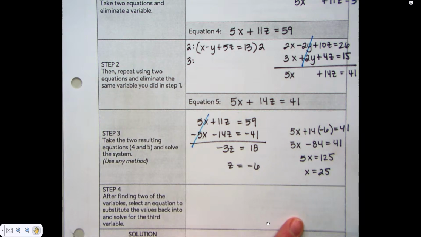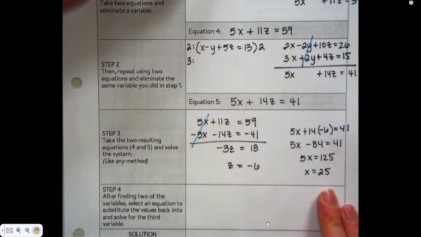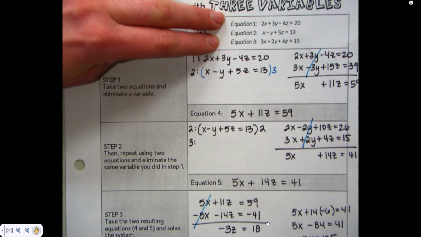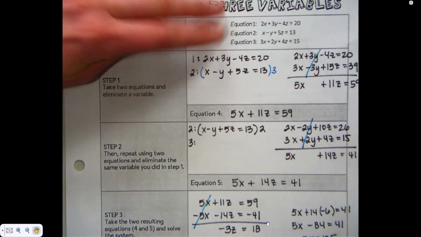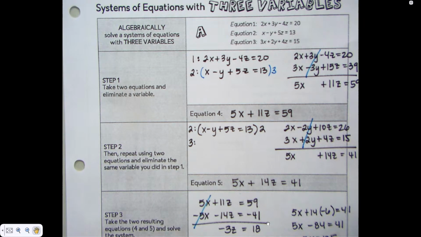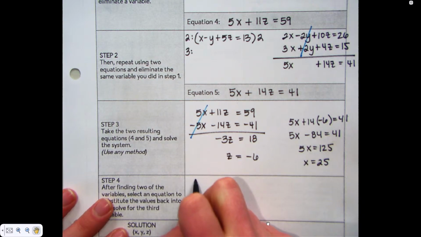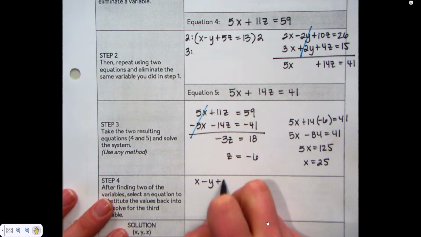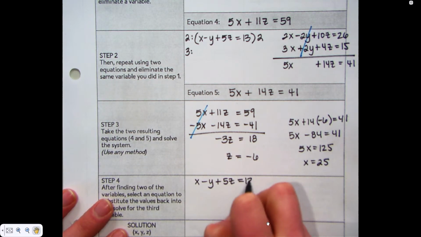Once that's done, right, I'm still missing one variable. I've got to go back and solve for y. You can pick any of the equations at the top. You have 3 to choose from, right? If you now know x and you now know z, you could go back and pick any one of them, and you could solve for y. I'm going to pick the middle. It, to me, just looks the easiest, right? I have the least amount of multiplying to do. So I'm going to choose to select x minus y plus 5z equal to 13.